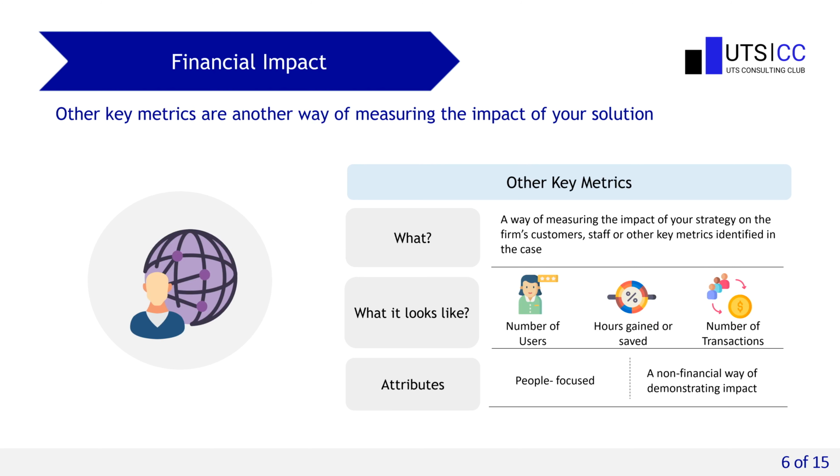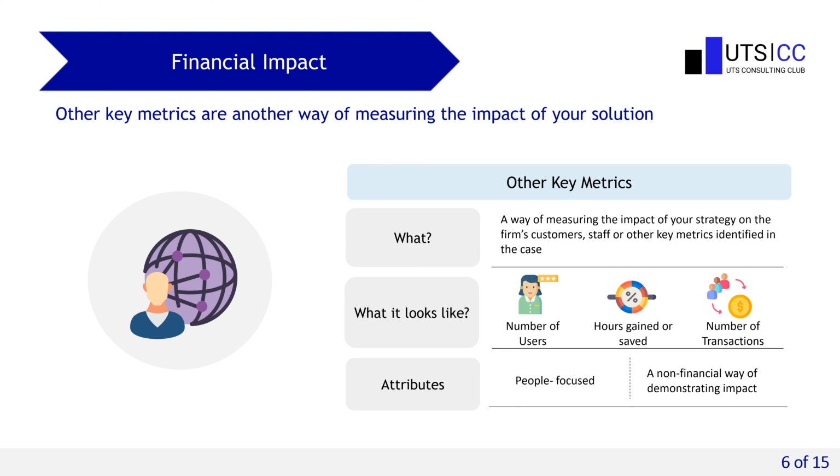There are more ways to measure impact than financial metrics. Other key metrics are another way of measuring the impact of your solution. Other key metrics usually focus on the user. Some examples include the number of users or customers acquired by your strategy, the hours gained or saved, for example, how many hours saved by consumers, or number of transactions gained, for example, the number of transactions made on the app.